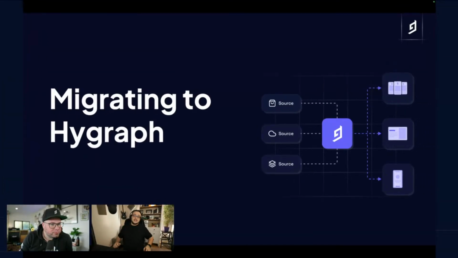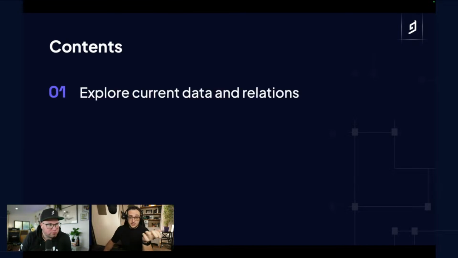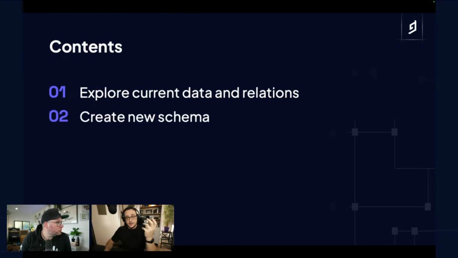Right. So as I said, we're going to talk about how you can migrate content to Hygraph. There are several distinct steps that we found out that you need to follow, and we're going to go through them today. For some of them, we actually have a live demo, so that's going to be interesting. The first thing you need to do is know where you're coming from. You need to examine your current system and get an idea of what data format you're keeping your information in and how you can migrate that to Hygraph, which is where creating the schema in Hygraph comes in.